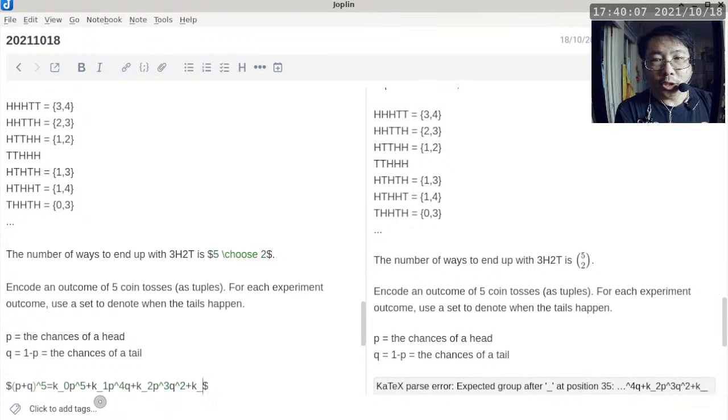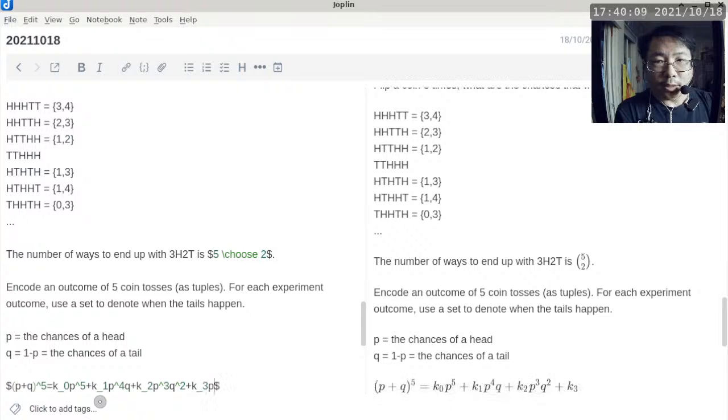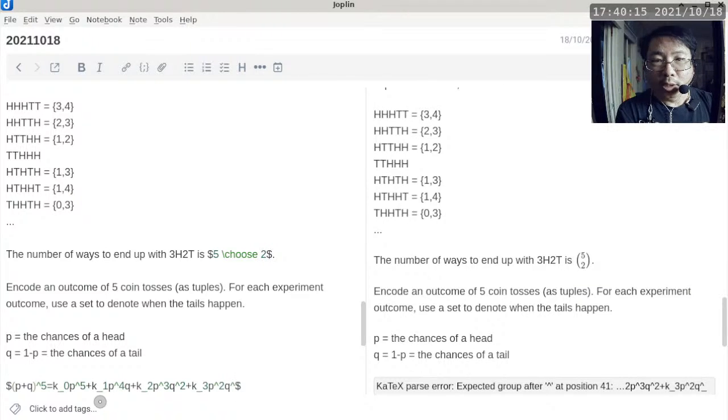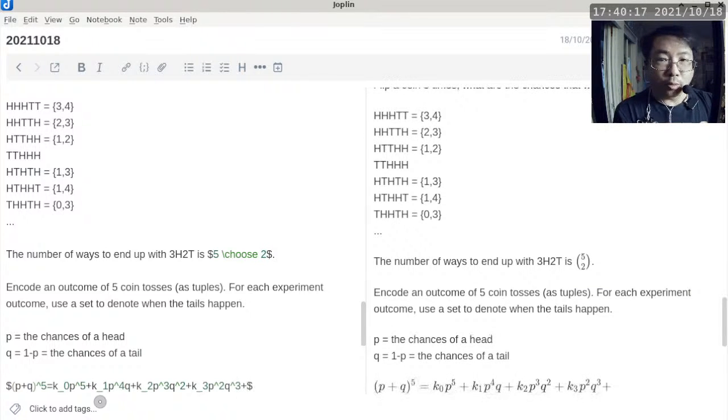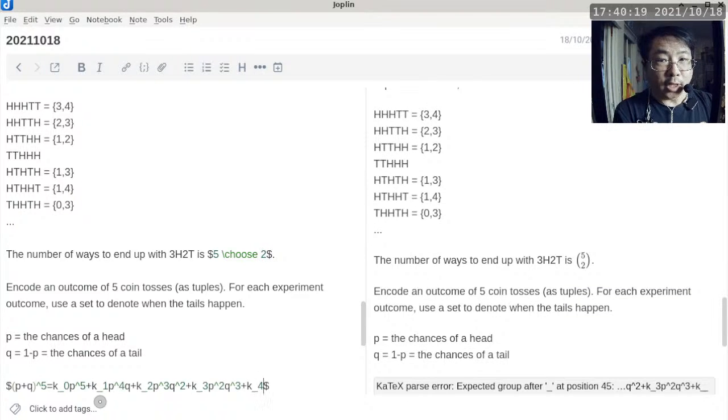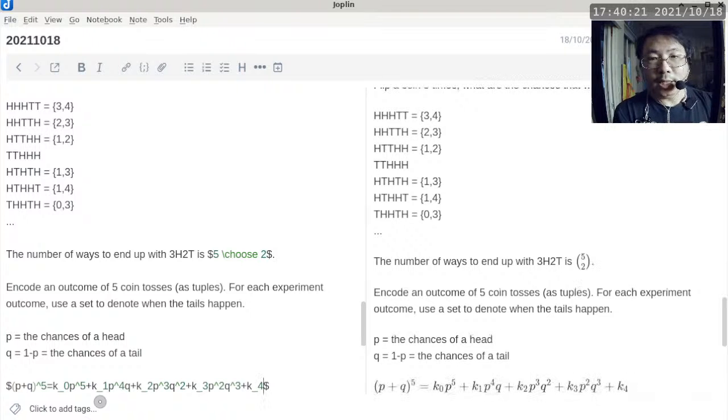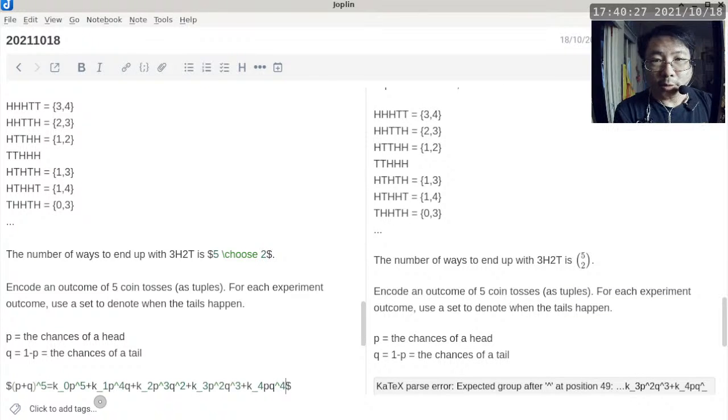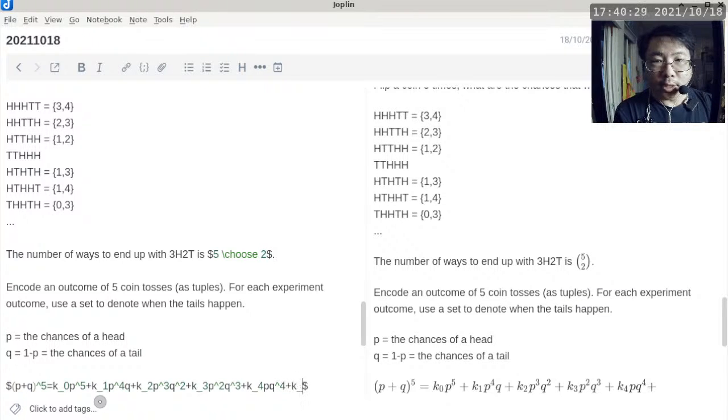Let me just finish this. I know this is taking a little bit of time, but let me finish this while you're thinking about where this is going. Now, obviously, those people who actually read the notes ahead of time look at this and go like, yeah, we know exactly where this is going. This is boring. And then the last one is K5 times, no P, but Q to the power of 5.